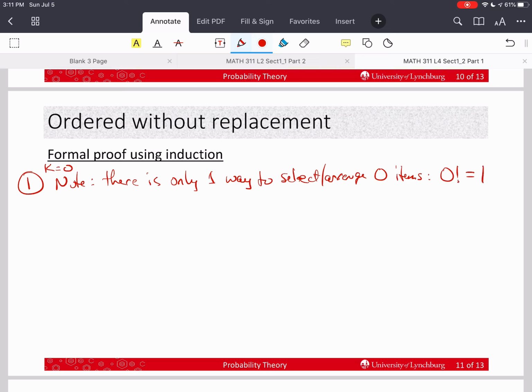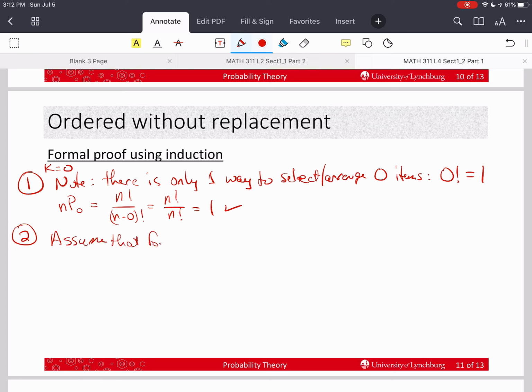Okay. And so we have to say nP0 is equal to n factorial over n minus 0 factorial, which is n factorial over n factorial, which is 1. So that agrees.